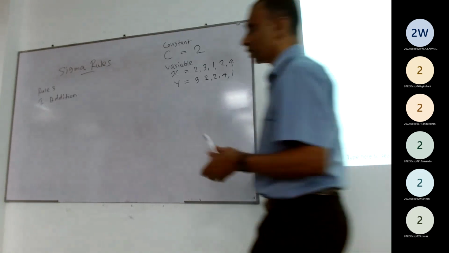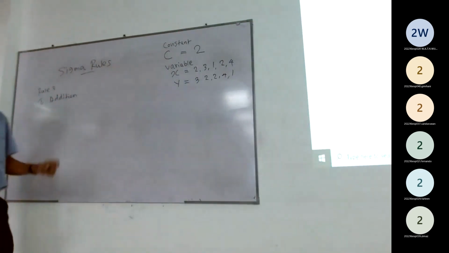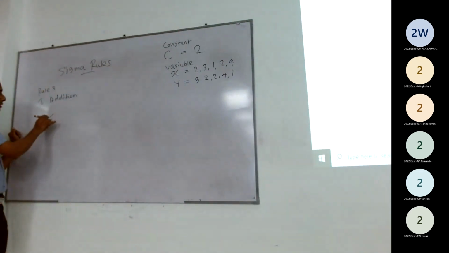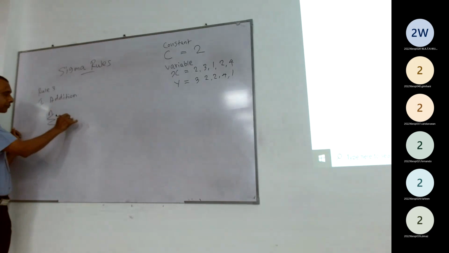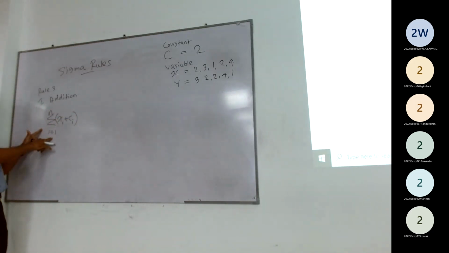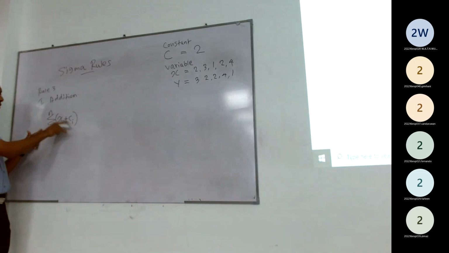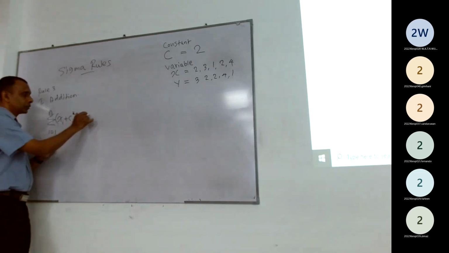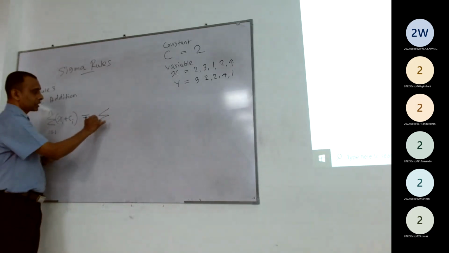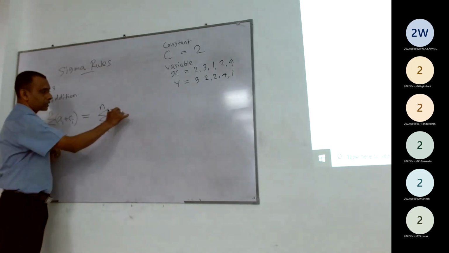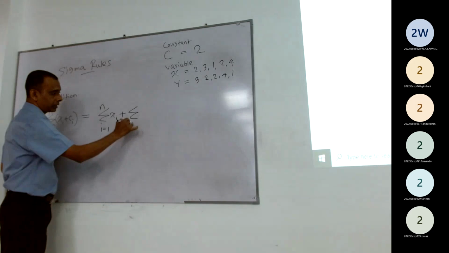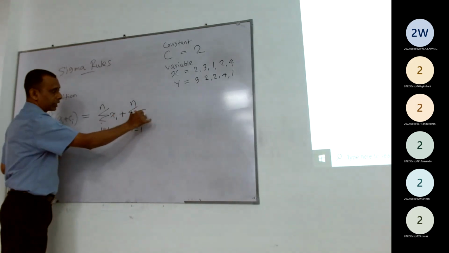Yes, summation means sigma, right? Now see like this: sigma i equals 1 to n, xi plus ci is similar to sigma i equals 1 to n, xi plus sigma i equals 1 to n, ci.